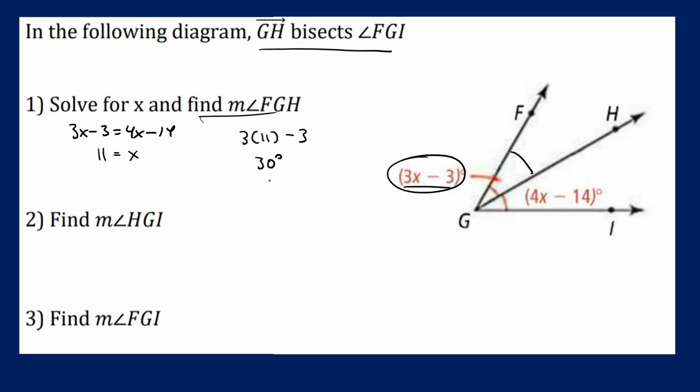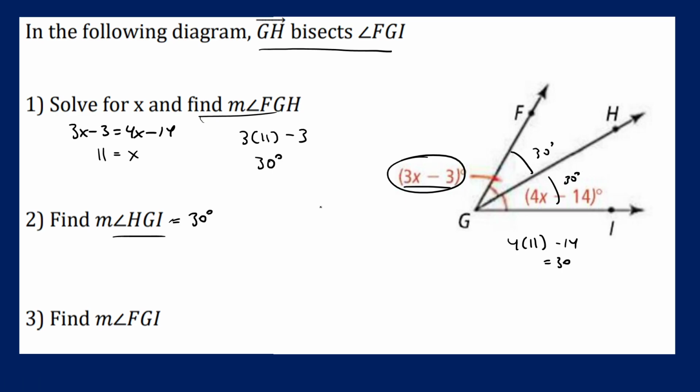Now, I could plug into the other angle. They want me to find HGI, but without doing any work, I know it's going to be 30 because I know it's being bisected. But if I wanted to double check, I could plug in x, 44 minus 14. And yes, that's definitely going to be 30. So this is 30. This is 30.